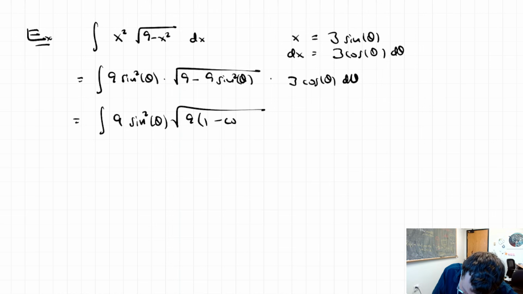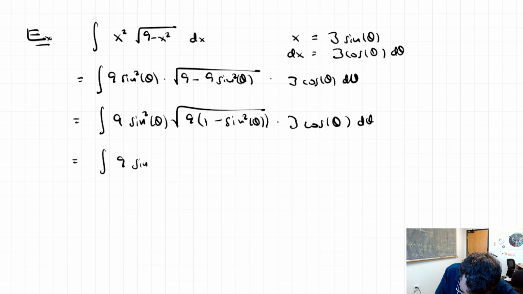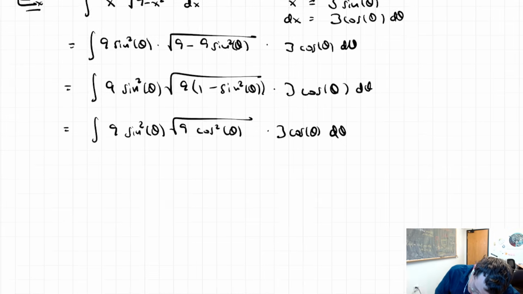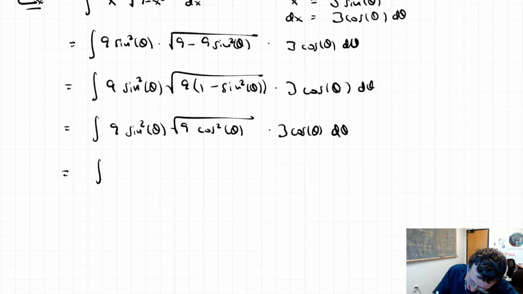When I factor out that 9, I get 1 minus sine squared theta, which is cosine squared theta. And we're about to find out how difficult of a problem Jude has given me to try here.